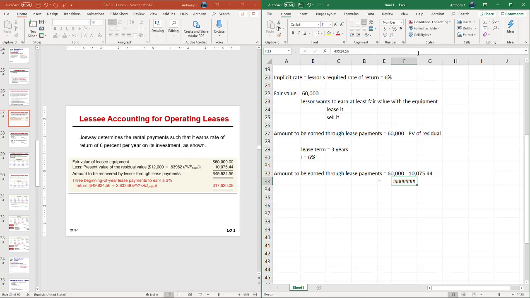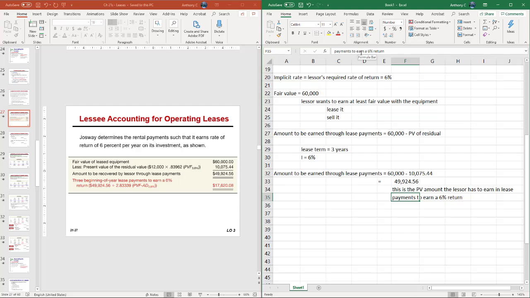So this $49,924.56 is the present value amount that the lessor has to earn in lease payments to earn a 6% return.